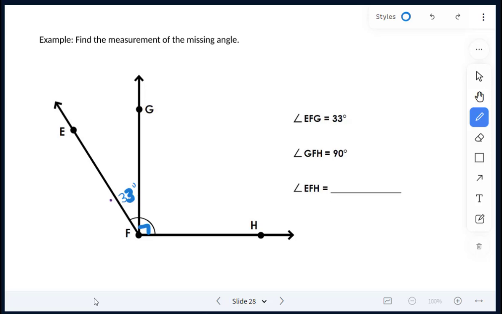We would just have to add the two angles in this case. 33 plus the 90, which gives me 123 degrees. Good.